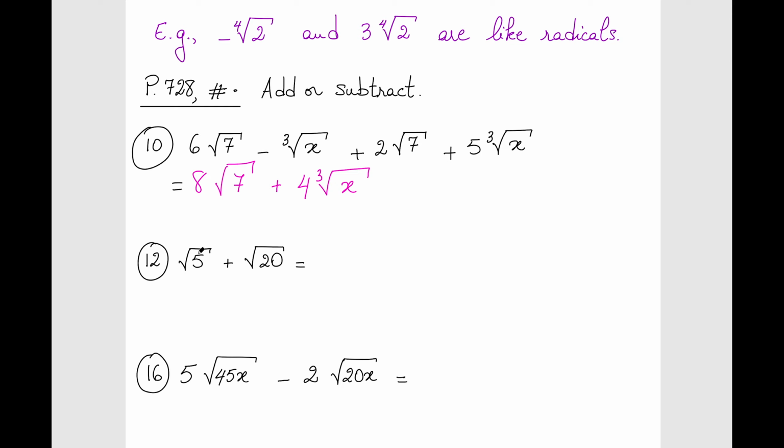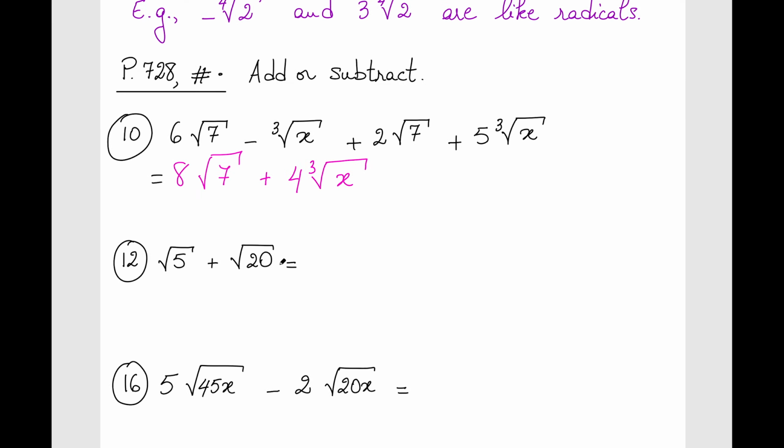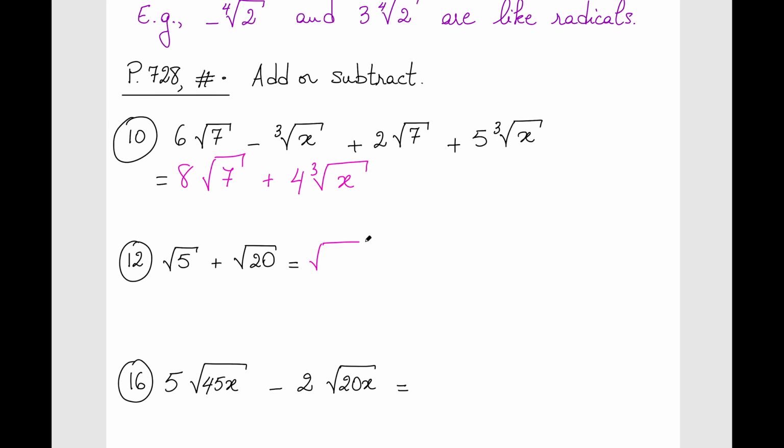Square root of 5 cannot be simplified because 5 doesn't have a divisor which is a perfect second power other than 1. 20 does, and actually we can rewrite this as 20 is 4 times 5, right?